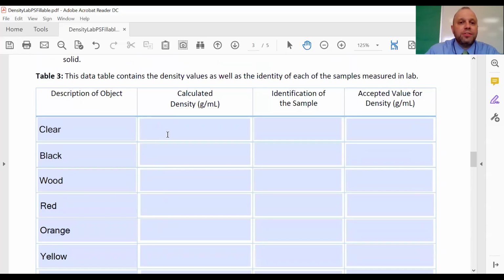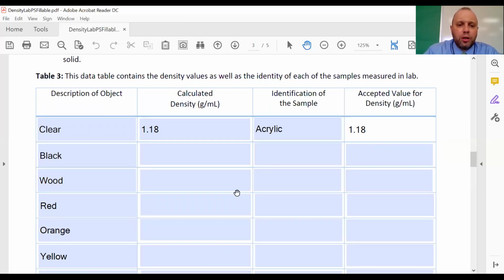So I'm going to go back to table number 3. So my calculated density was 1.18. We identified the sample as acrylic, and the accepted value was also 1.18. The accepted value is what's off that table that we just left.